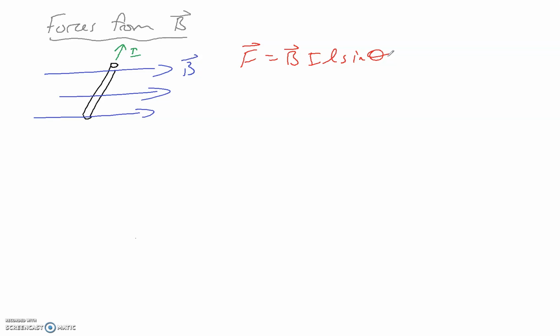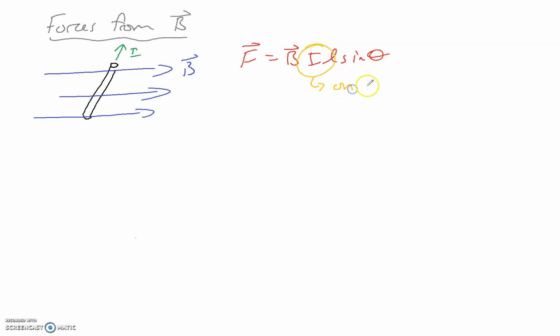Now the thing is, the force only existed when you actually had a current running through the wire. So we talk about the force being on the wire, but the force isn't actually on the wire itself. The force only exists when the current is flowing, which sort of means that the force isn't really on the wire.